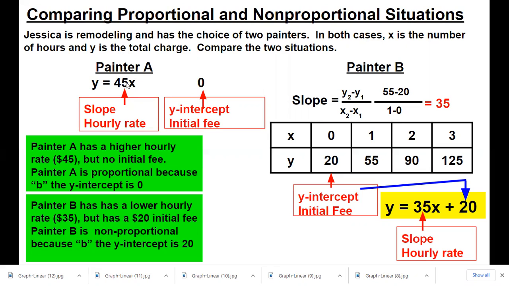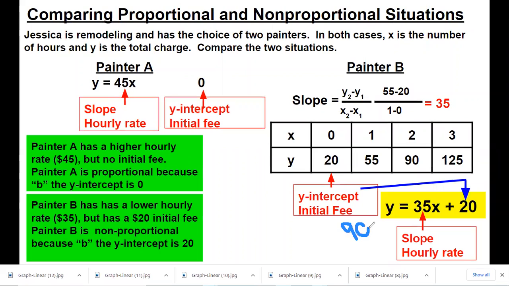So I would go with painter A. However, if I wanted to hire them for 2 hours, I would pay how much for painter B? 35 times 2, $70 plus 20. I would pay $90 for 2 hours with painter B. How much would I pay for painter A? I would pay $90 for painter A. I would do 45 times 2 hours. So then it wouldn't make any difference, right? Either one would be fine.